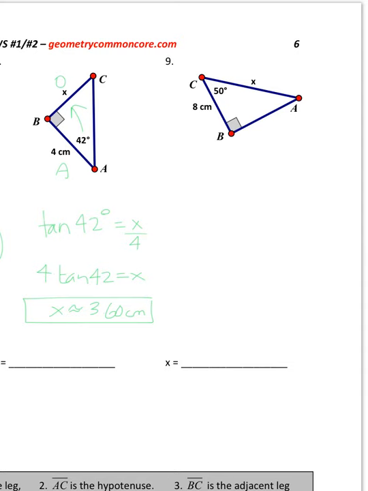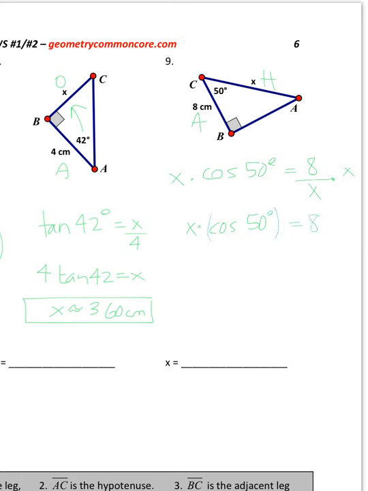And so in this example, we have the adjacent side to the hypotenuse, that's cosine, and so cosine of 50 degrees equals the adjacent side 8 over x. In this case, I'd multiply both sides by x to eliminate it from the denominator. And then cosine of 50 is a number, so I'm going to put parentheses around it.